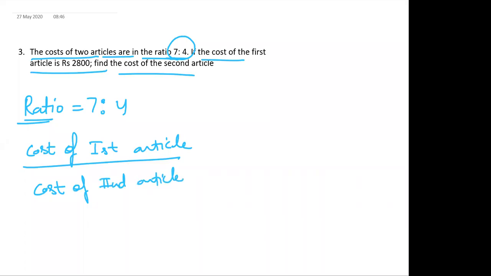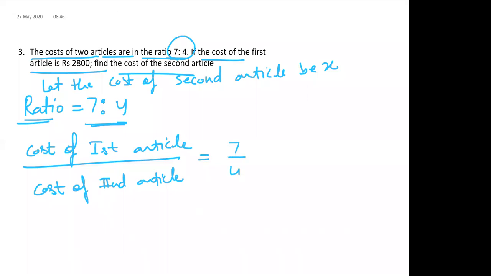But before that, write: let the cost of second article be x. First write this, let the cost of second article be x, then the ratio is given. Okay, then write cost of first article upon cost of second article is equal to 7/4. Clear?